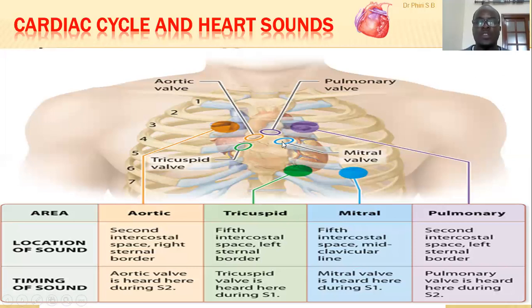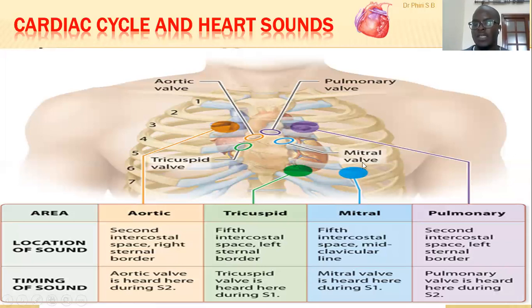The first one that will close is the mitral valve, because the left part of the heart is stronger as compared to the right part of the heart. So it closes first because of the greater force, and then later on you have the closure of the tricuspid valve. Sometimes you can have splitting of the first heart sound, like we said.